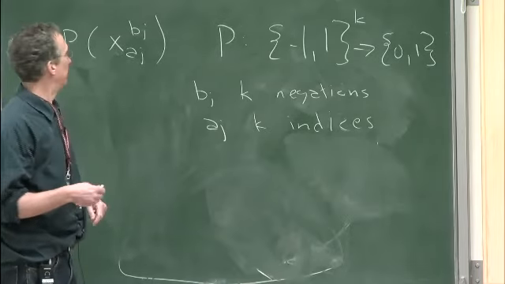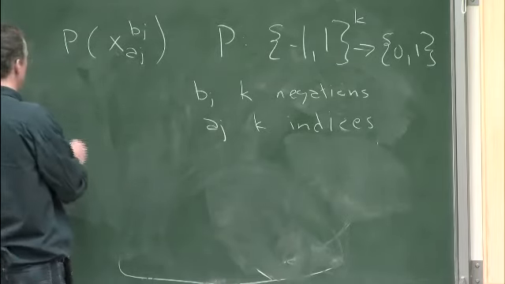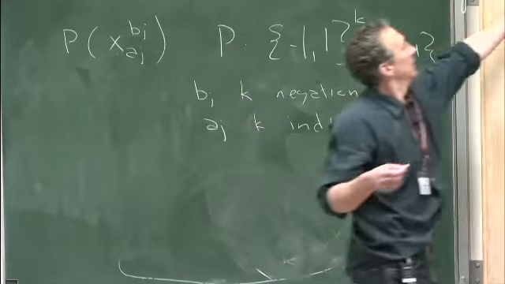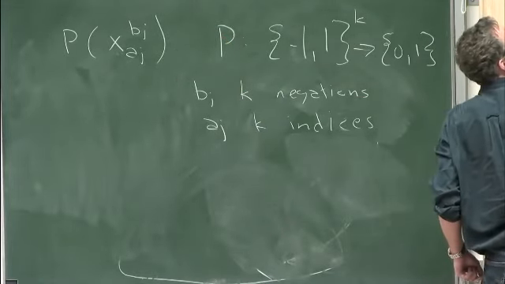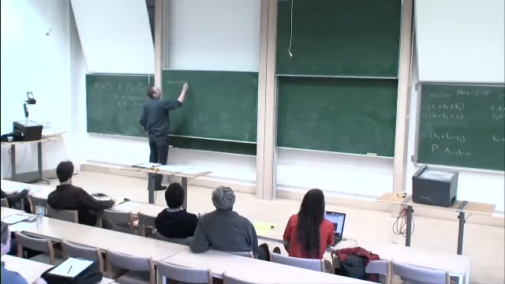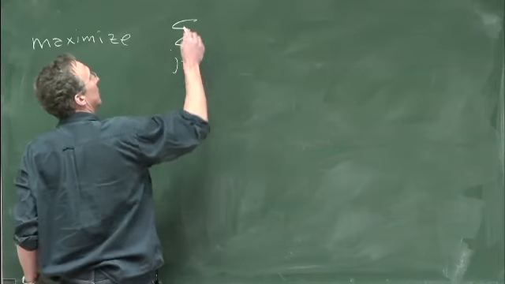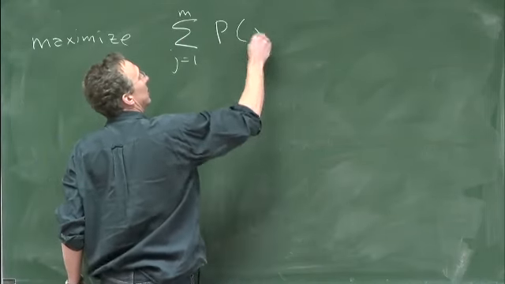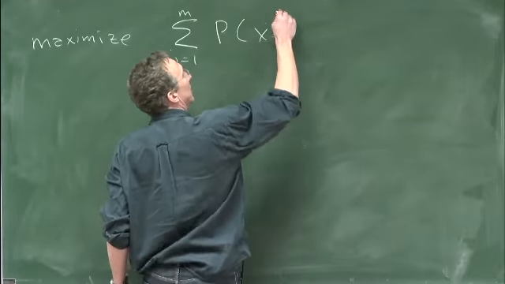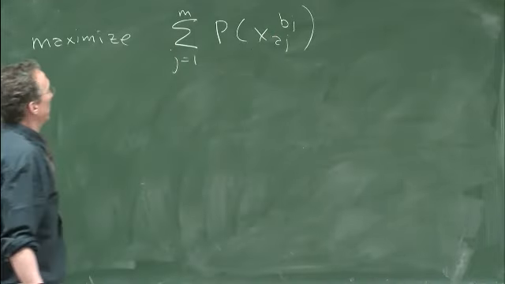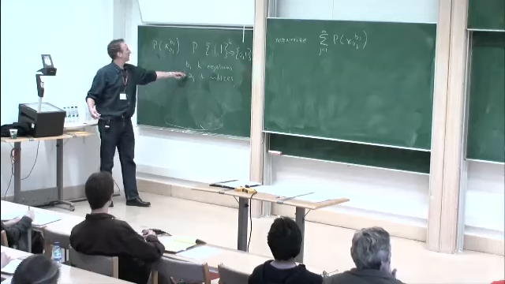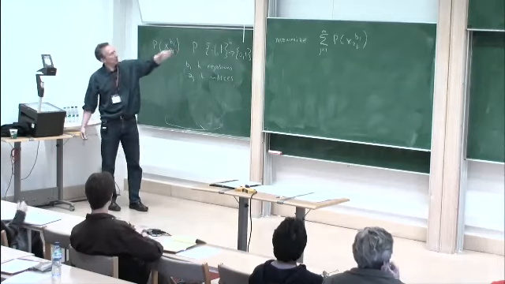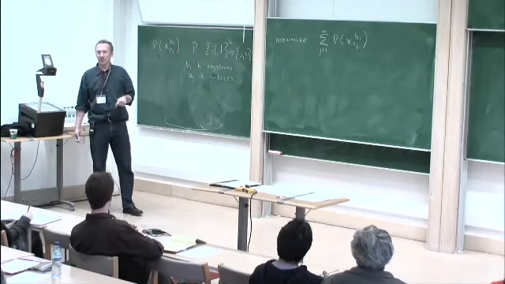This is sort of shorthand. And most of the time I'll be interested in efficient computation. So I'm given an instance, a set of negations, a set of indices, and I have m constraints, and I really want to maximize the sum of these things.